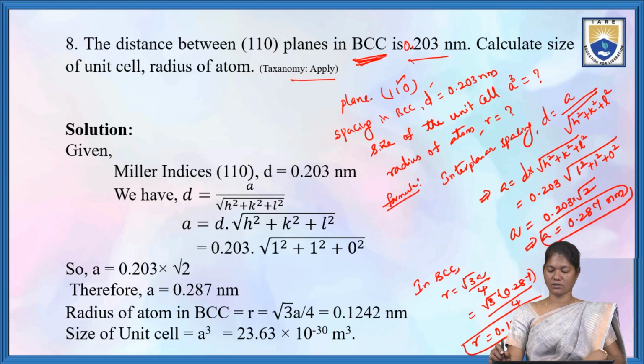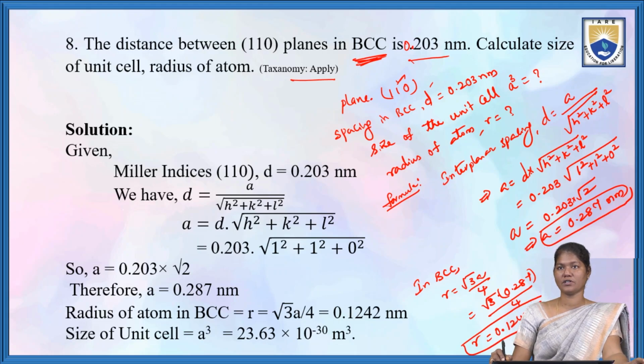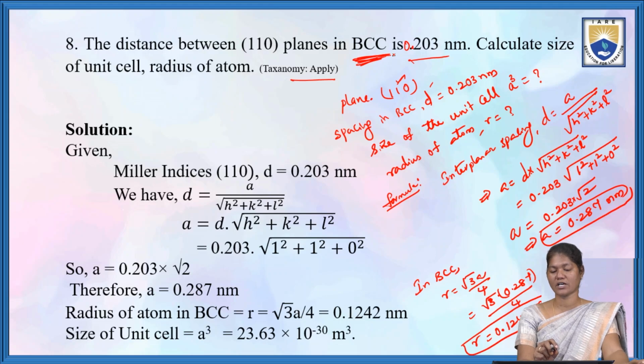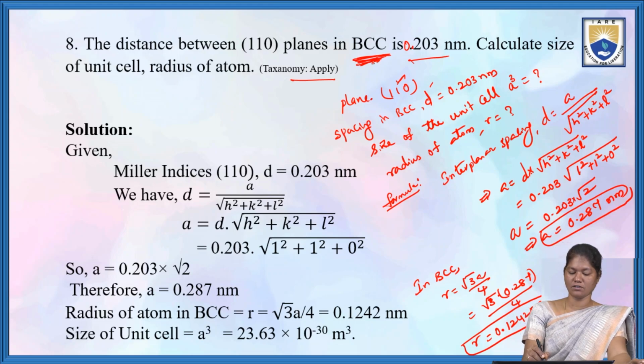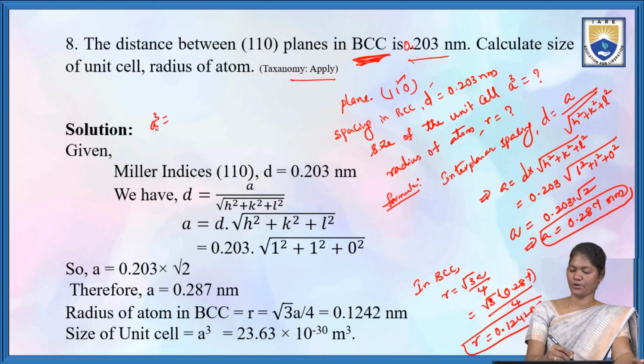But the size of the unit cell: as it is a cube, body centered cubic structure, the volume of the unit cell is nothing but the size of the unit cell. So that is a cube. A cube is equal to 0.287 nanometers.